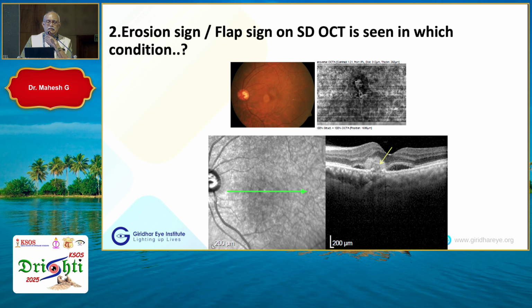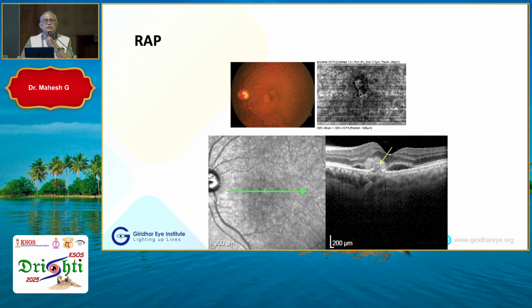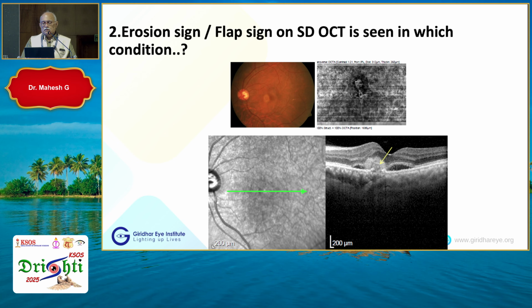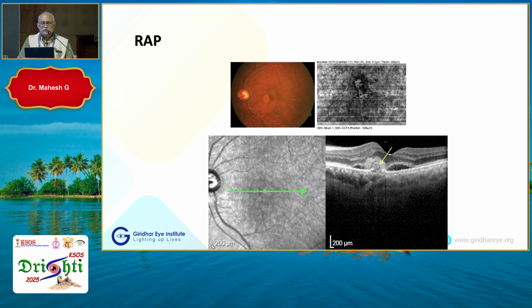As I told some time back, this is very characteristic of retinal angiomatous proliferation or type 3 MNV. Basically the retinal new vessels start from the retina, grow inside, and there is a discontinuation of the RPE. So it is called erosion sign or flap sign.